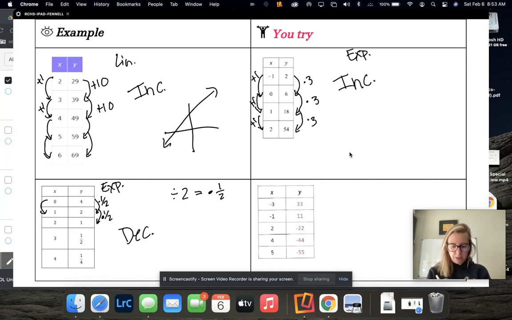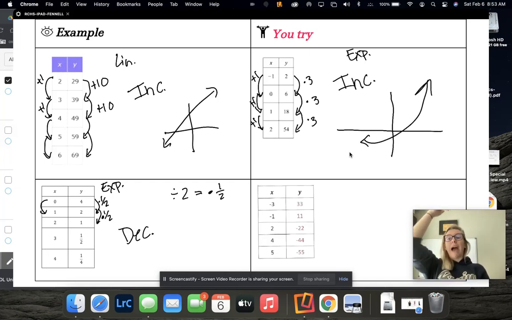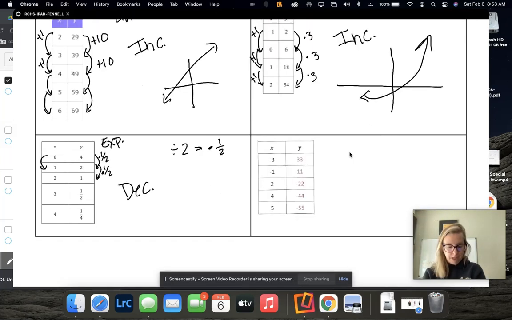If you think about this one here, if you were to graph this, you would get something that looks like this, okay? It's growing rapidly over time. It's curved because it's increasing rapidly over time. This one is decreasing. It looks like that, right? It's decreasing, but more rapidly than a line, which would be a constant rate of change.